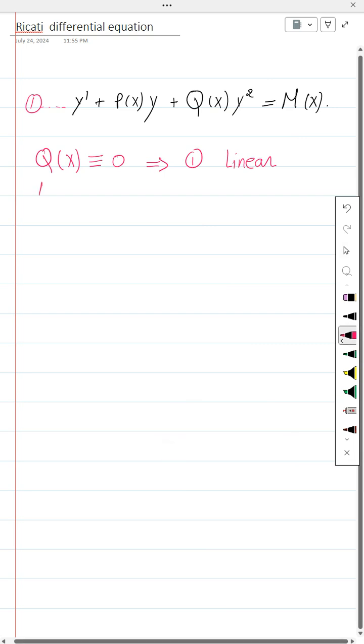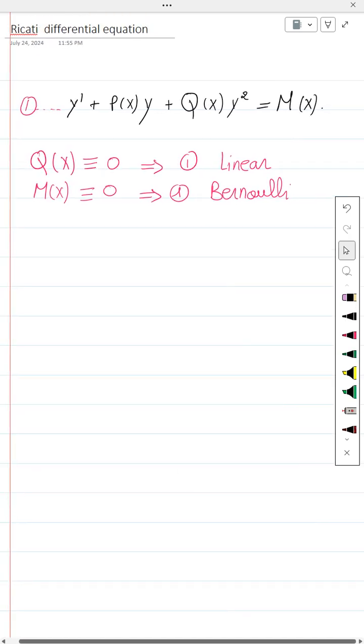And if m(x) is going to be equal to 0, which implies that equation 1 is a Bernoulli equation. As you can see here, these are particular cases of the Riccati differential equation.